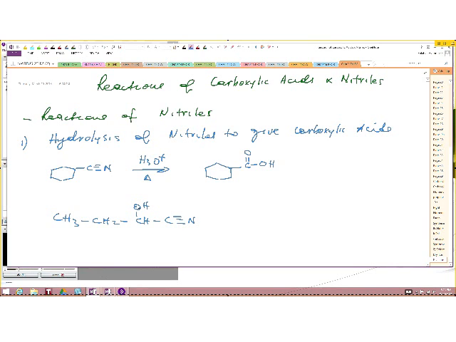In this case, because we have a hydroxy group that could be dehydrated to form a carbon-carbon double bond, we want to use a basic hydrolysis. So this time we say 1. The hydroxide could come from sodium hydroxide or potassium hydroxide. And then after you do the hydrolysis, you acidify the solution with dilute acid. So now we get this here.